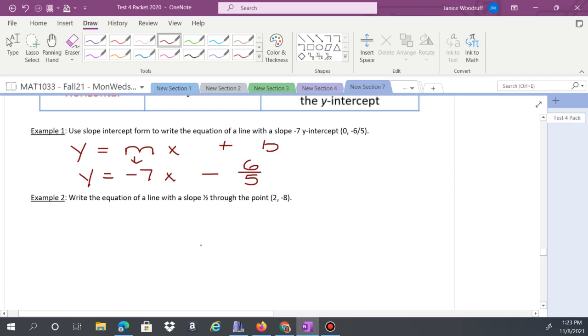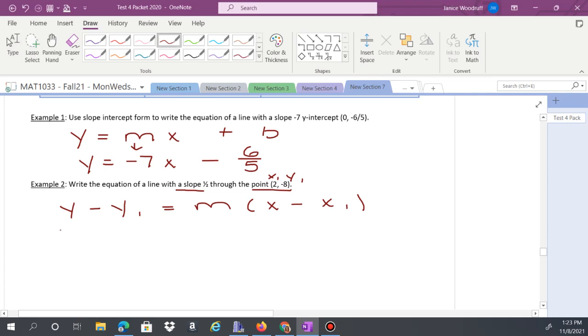Okay, example 2 says, write the equation of a line with a slope of 1/2 through the point 2, negative 8. In this one, we are given a slope and a point, which means we want to use point-slope form. That is y minus y1 equals m times x minus x1. This 2, negative 8 is going to be your x1, y1 in this case.